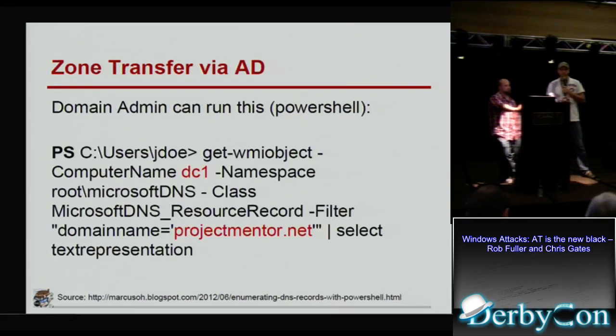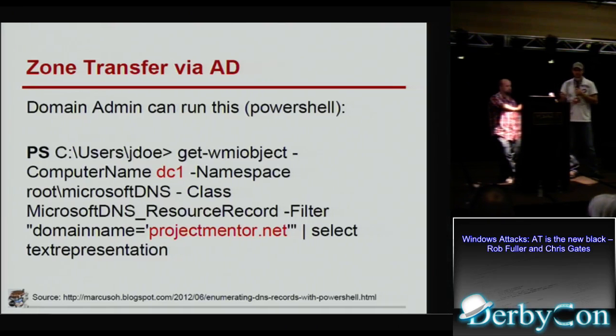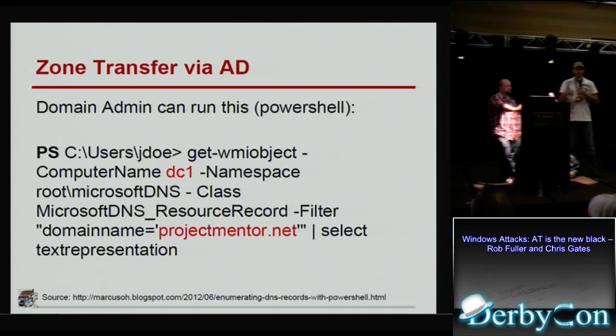Zone transfers via AD. Domain admins can run this in PowerShell. You get all the WMI objects and get all the DNS records and stuff. Well, that's great, but at that point I'm a domain admin. I don't really care.